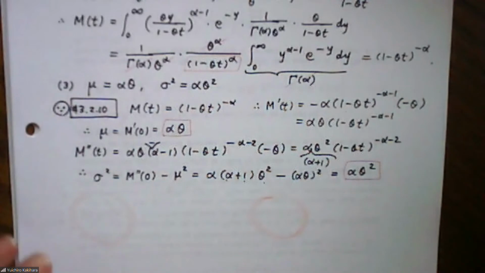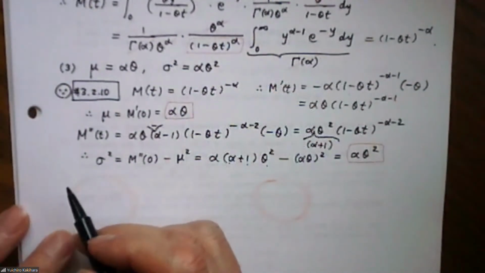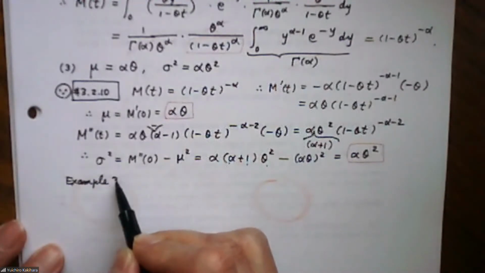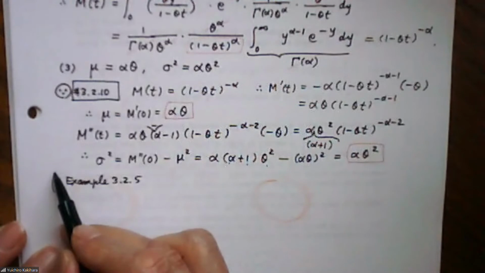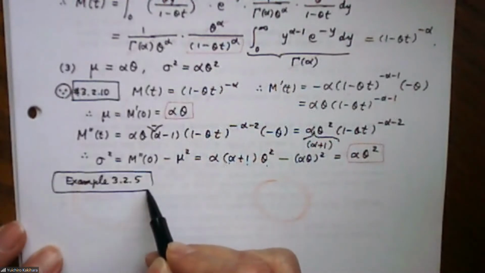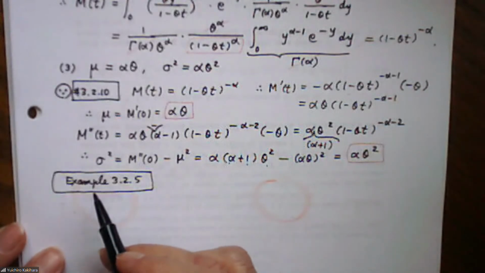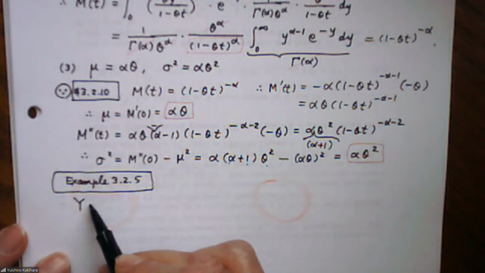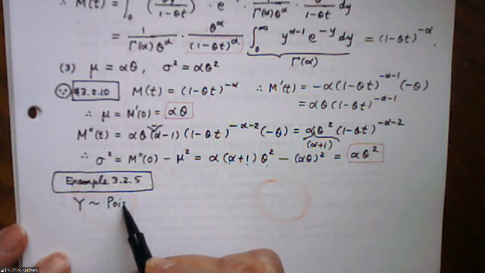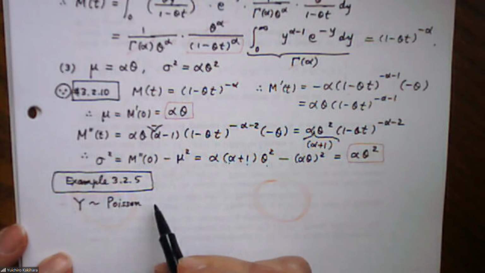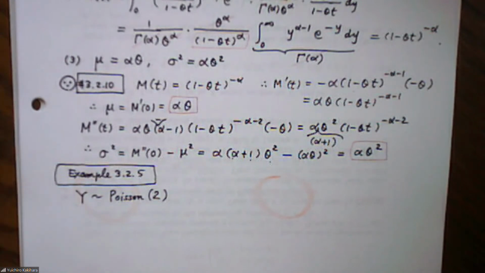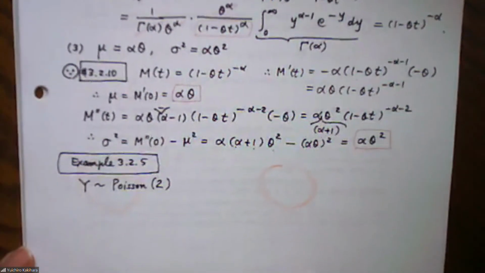Examples. Let's take example 3.2.5. The number is not so important, but I'm taking the example from the textbook. Y is subject to the Poisson distribution with parameter 2. If you remember, the gamma distribution is derived from the Poisson distribution, so I'm kind of repeating that idea.